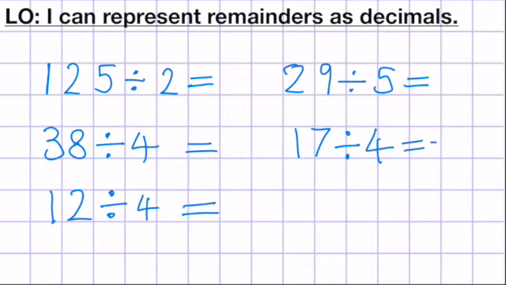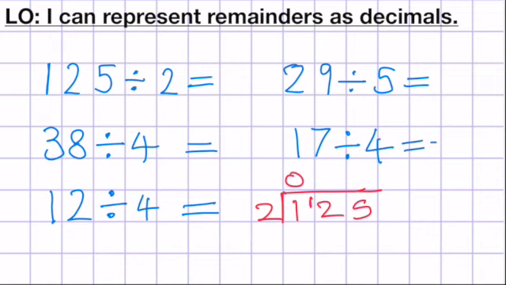Okay, 125 divided by 2. I'm going to do that down at the bottom where I have space. 2 goes into 1 0 times.